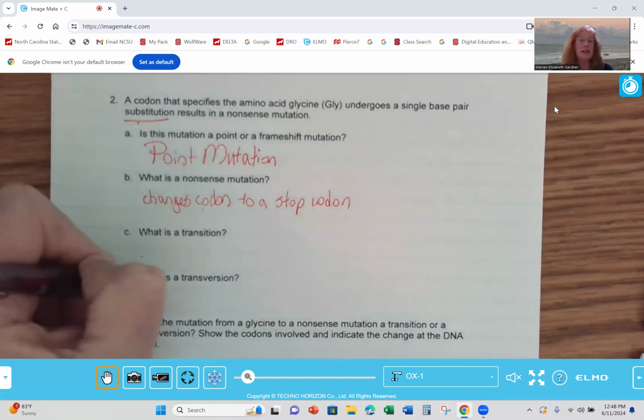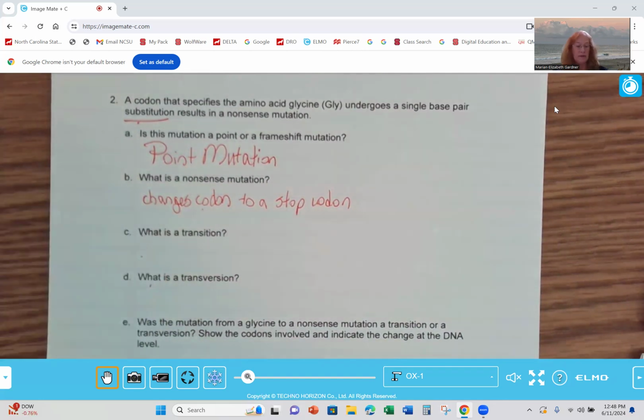Okay, let's see. A couple of other things. What is a transition, and what is a transversion? So in this, you have to go back to remember which bases are purines and which bases are pyrimidines. A transition is like to like. So one purine is changed and substituted into the other purine, or one pyrimidine is substituted to the other pyrimidine.